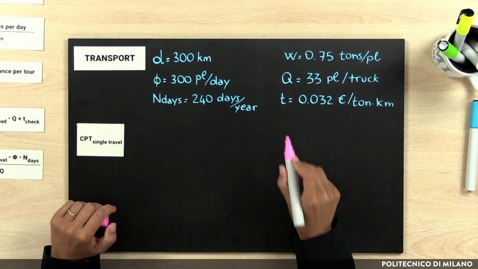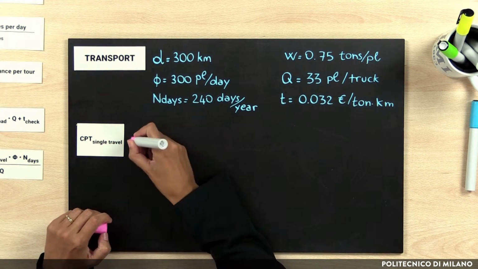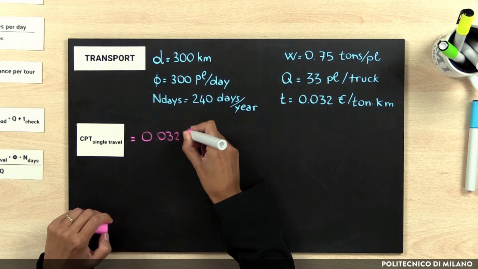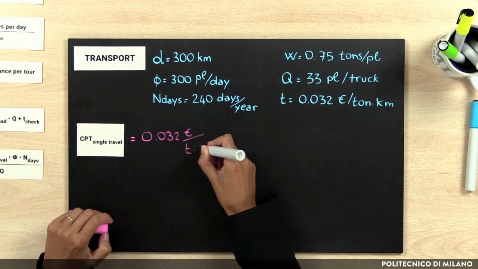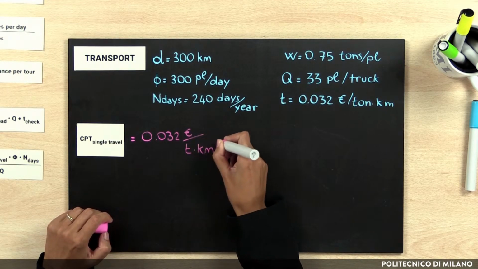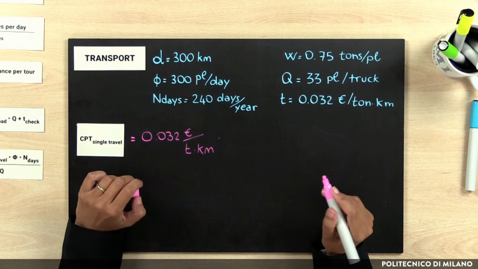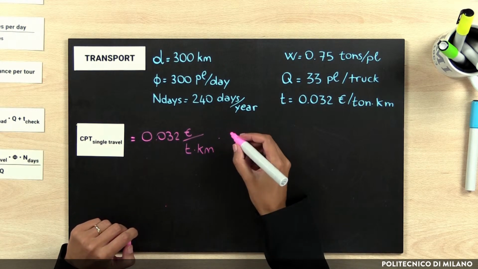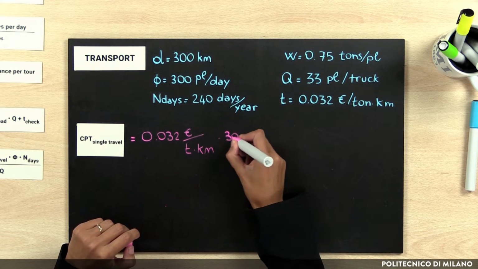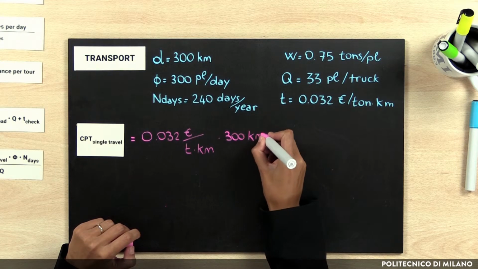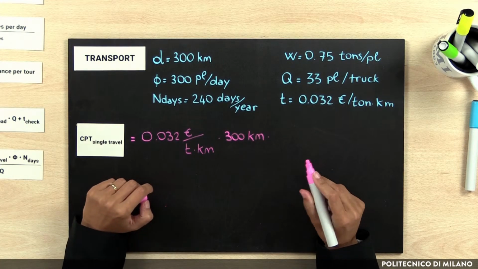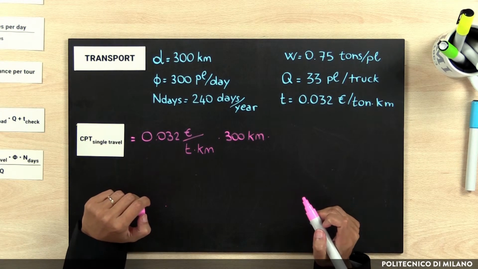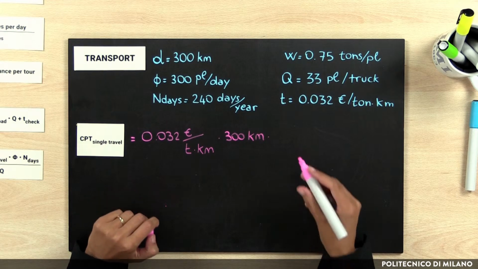We have to consider the unit cost, 0.032 per ton per kilometer, multiplied by the number of kilometers, this is 300 kilometers, multiplied by the total amount of goods that can be computed considering the number of pallet loads per truck and the unit weight.